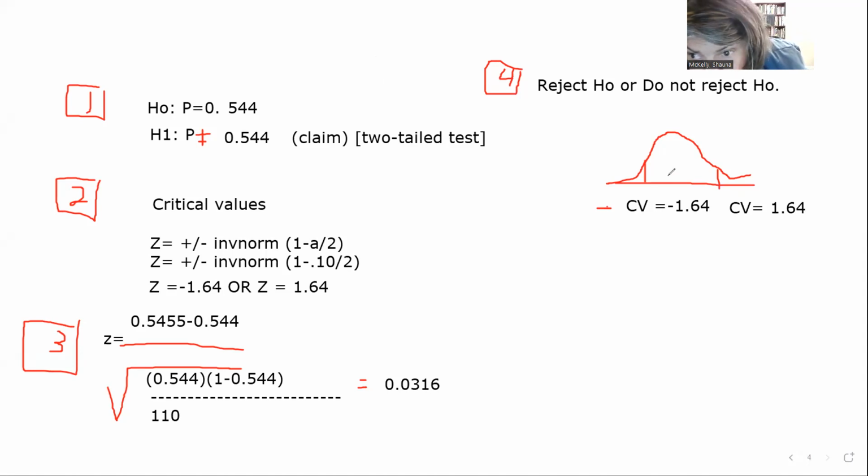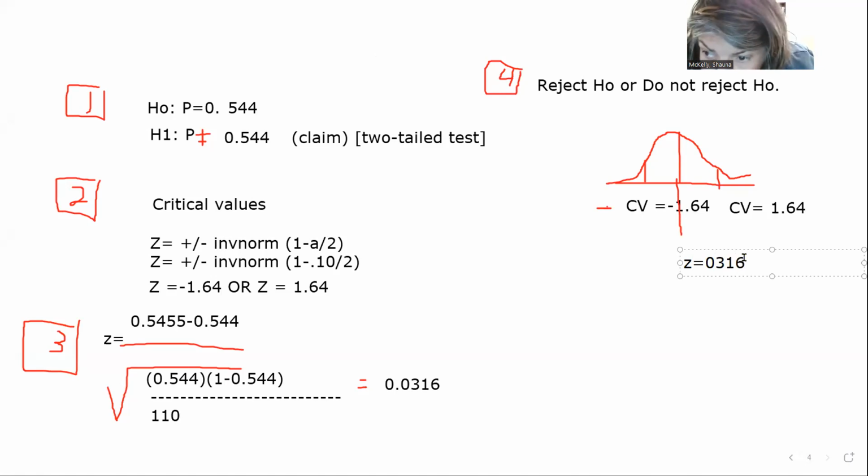So 0.0316 is going to be slightly here. That means we're in the non-critical or the non-rejection region.